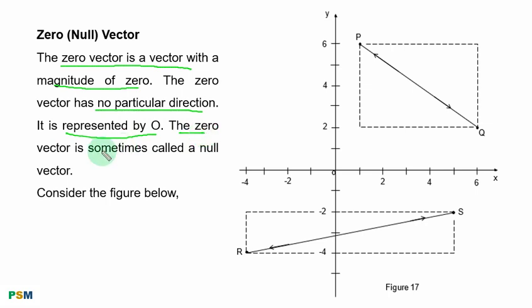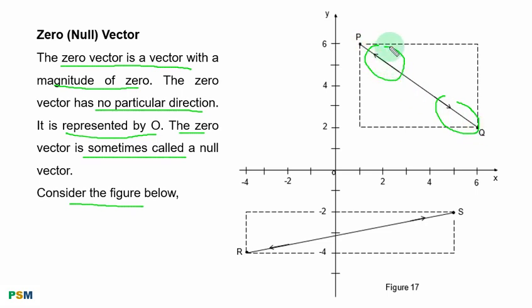The zero vector is sometimes called a null vector. Consider figure 17. We have the vector from P to Q. From these two arrows, it means that you can move from P to Q and from Q to P.